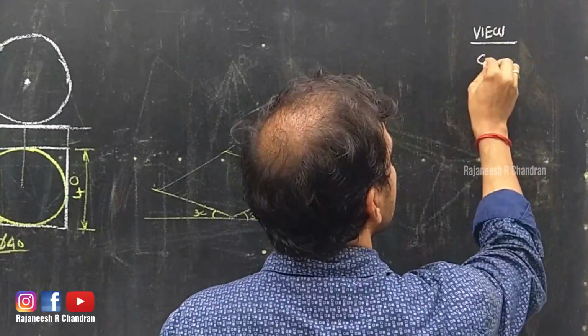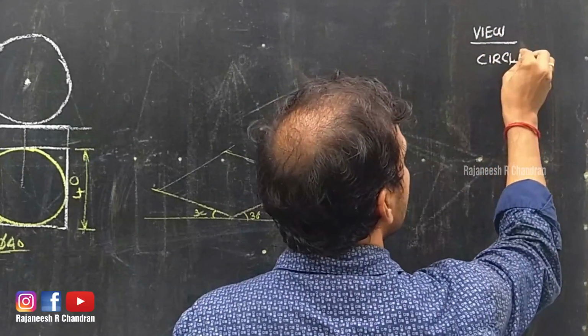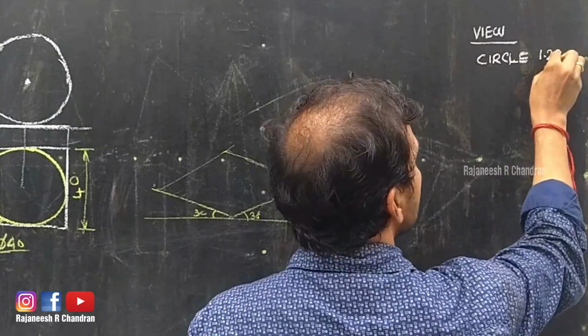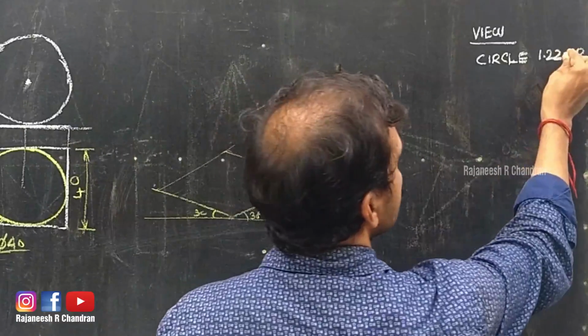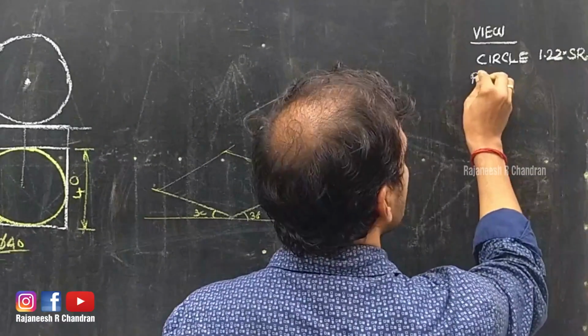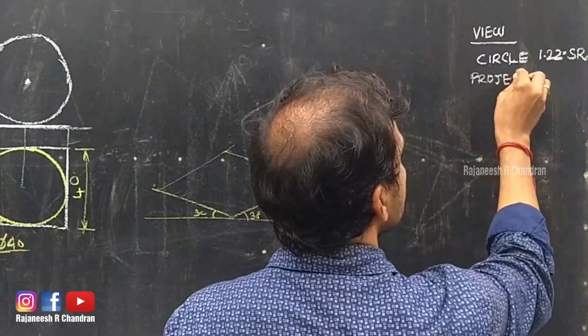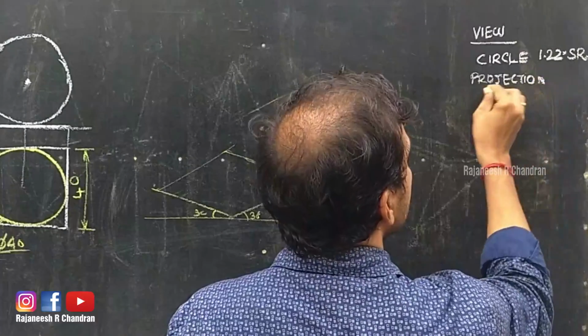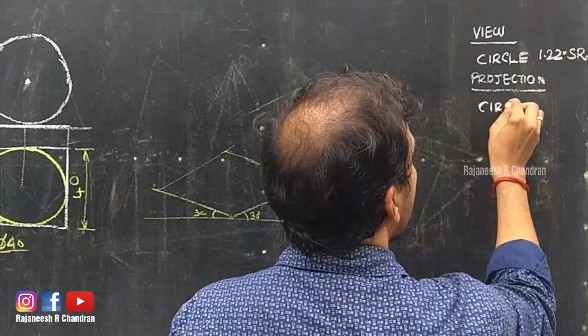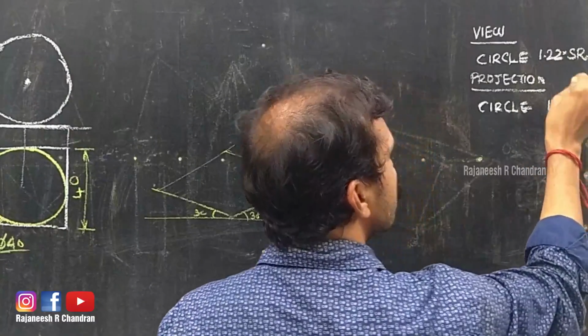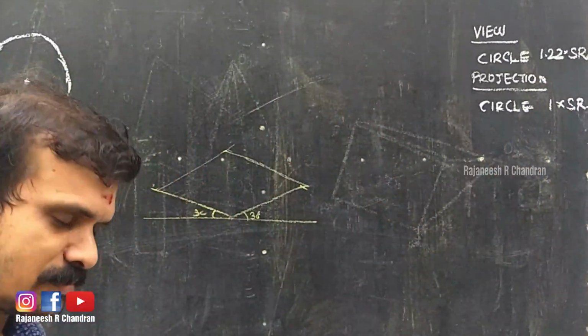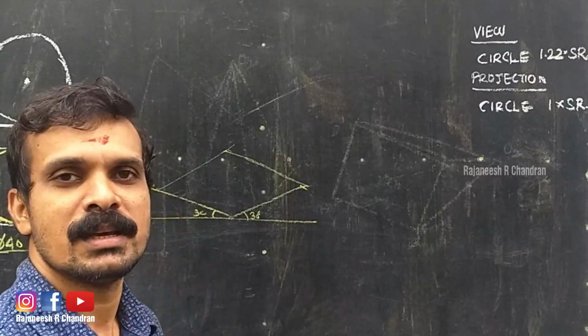of a sphere is a circle having a radius of 1.22 into sphere radius, and the isometric projection of a sphere is a circle having 1 into sphere radius as its radius. Have you understood?